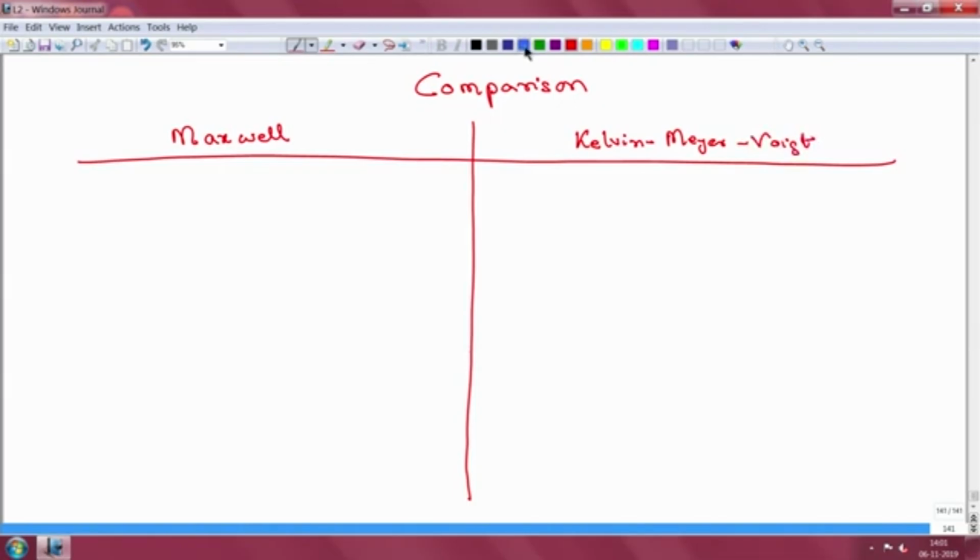Both of them are continuum models, which means that we are using analogues disregarding the exact atomistic basis for the viscoelastic system.